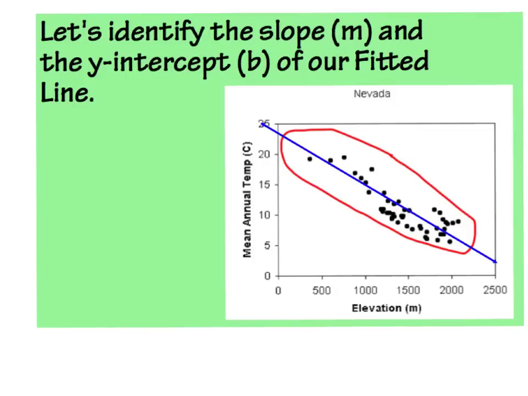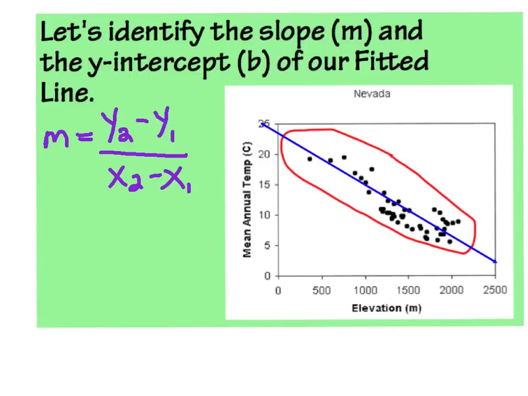Okay, ladies and gentlemen, the last thing that we're going to ask you to do with your fitted line is to be able to identify its slope and y-intercept. So just to brush off the cobwebs, refresh our memory a little bit, slope, which our variable for is m, is equal to the change in y values. So remember this, y2 minus y1 over x2 minus x1.